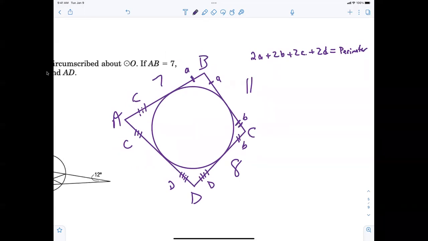So does everybody agree that A plus B plus C plus D is equal to the perimeter divided by 2, right? Yeah.